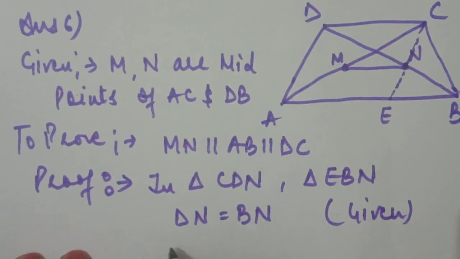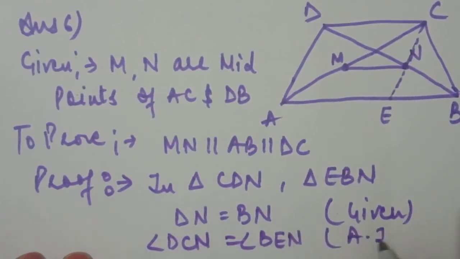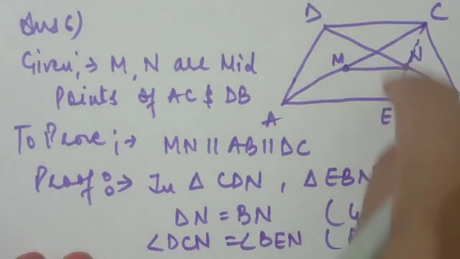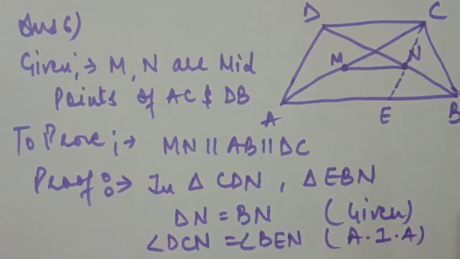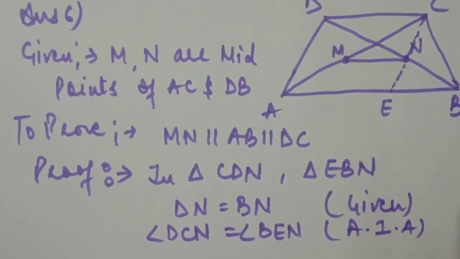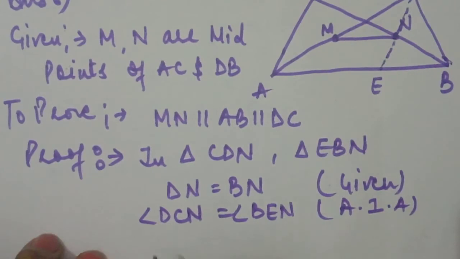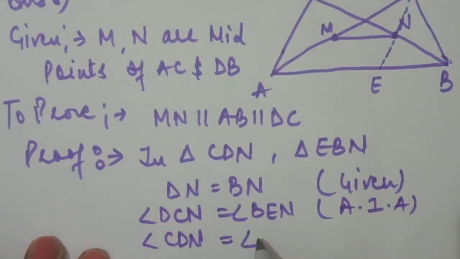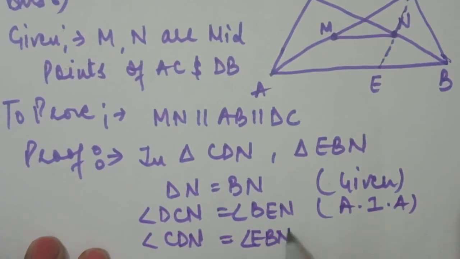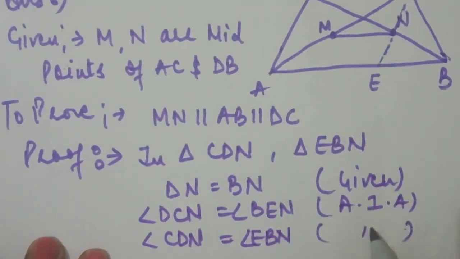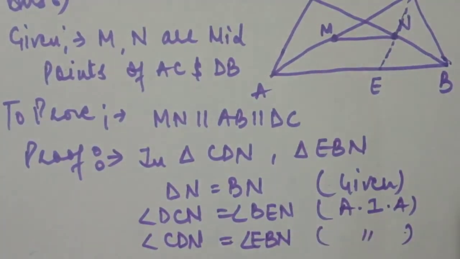Now second thing, angle DCN is equal to angle BEN, alternate interior angles, because these two sides of a trapezium are parallel and the diagonal acts as the transversal. Angle CDN is equal to angle EBN. They are also alternate interior angles.